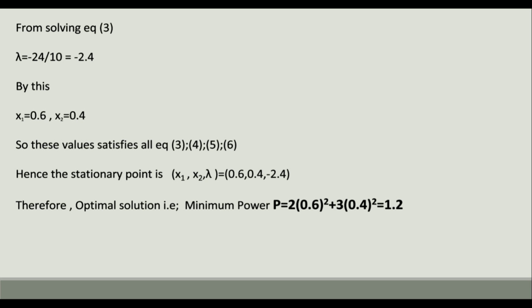We substitute these x1, x2 values in the main objective function, P equals 2 of 0.6 whole square plus 3 into 0.4 whole square, which gives us 1.2. This will be the minimum power of the PAM modulator.